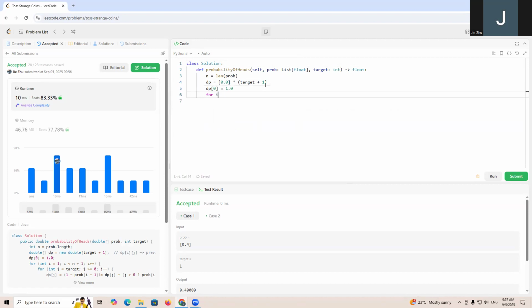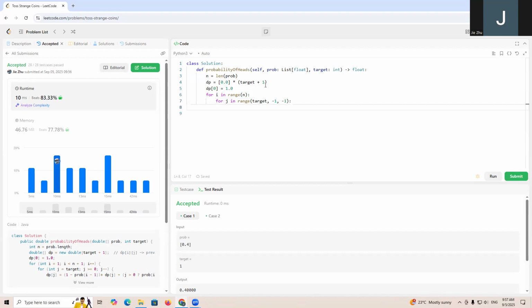So for i in range n, for j in range from target to 0 with step minus 1, because we can set dp[0] as 0.